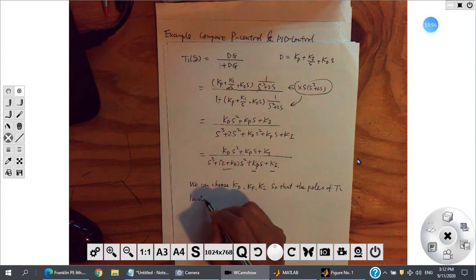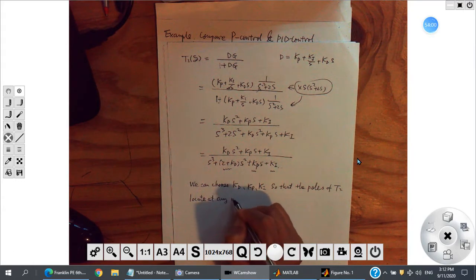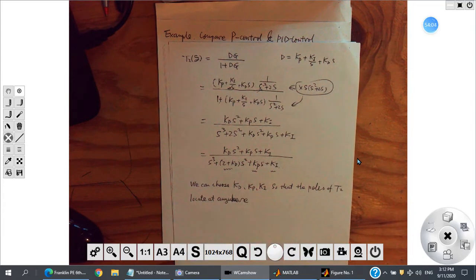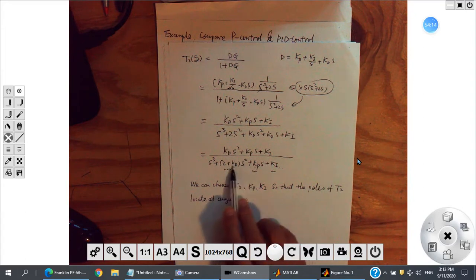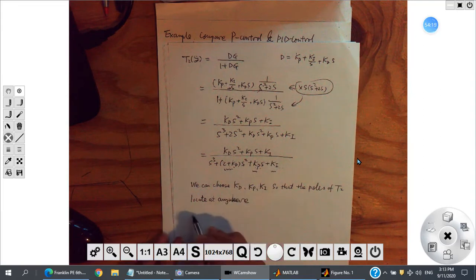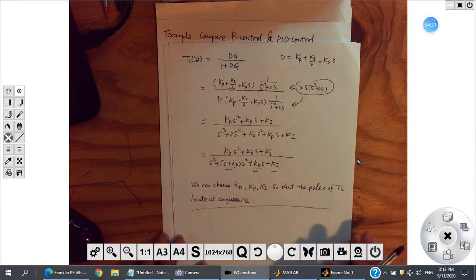Yeah, the poles of T2 can be located anywhere, because these three numbers you can choose. You can put them to be any number. So you see, this time we have more choice for the location of the poles, right?